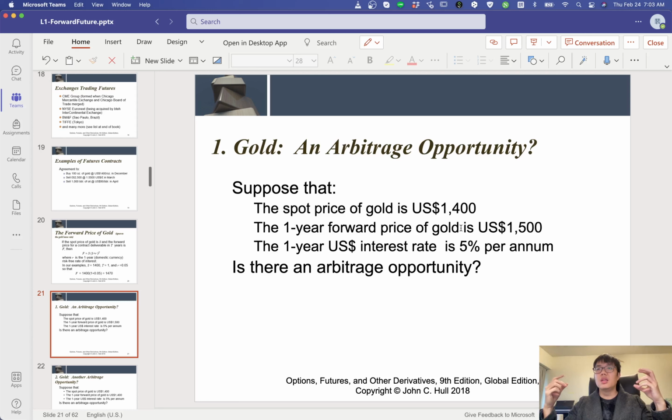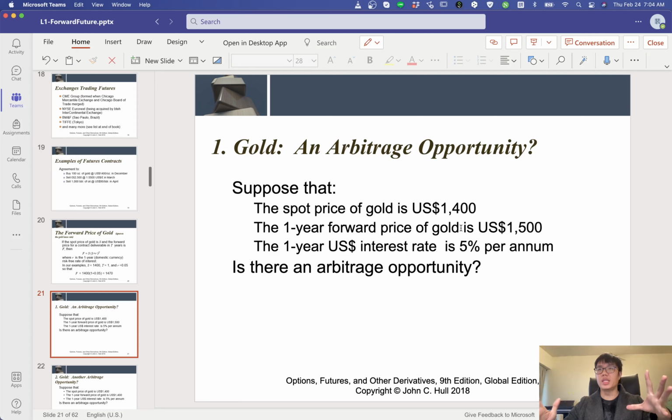The rule is very simple: you buy low and sell high. Whenever you find something is overpriced, for example in this case the forward contract is sold too high, at 1,500, we should sell it, and we buy the underpriced things in the market.